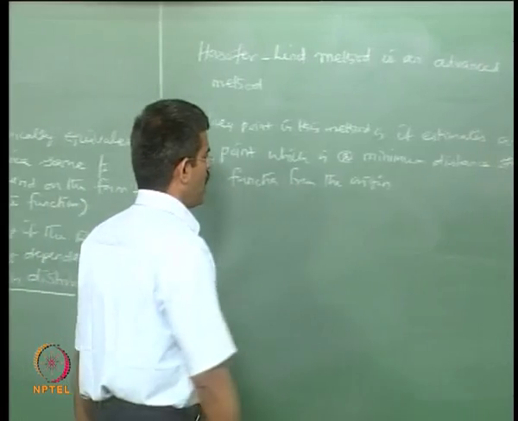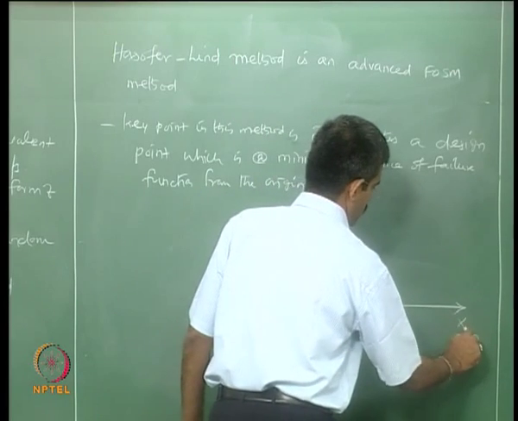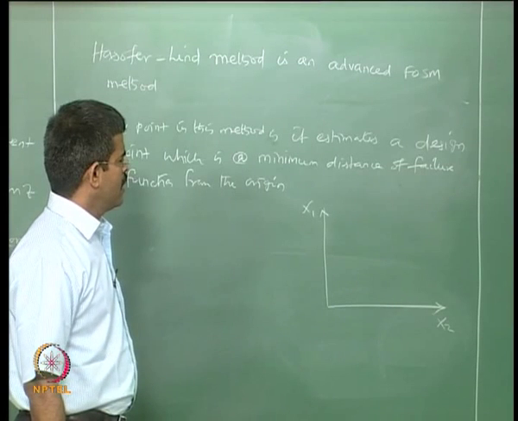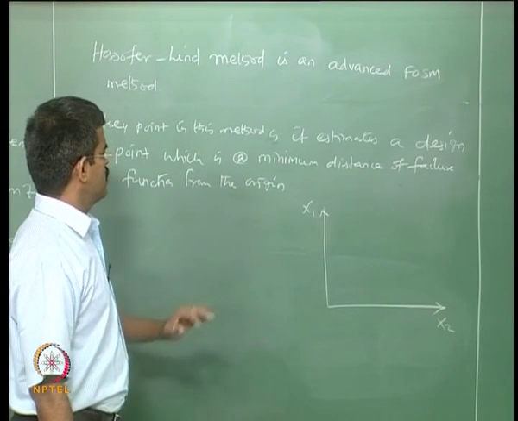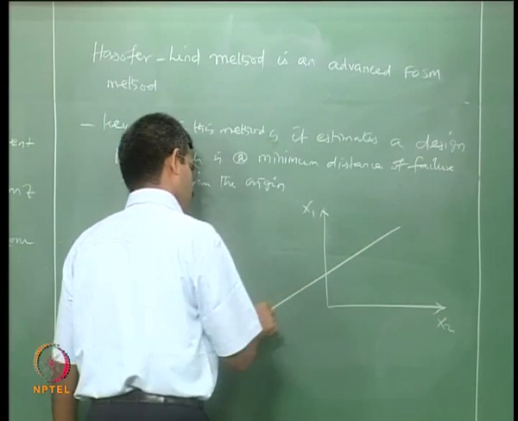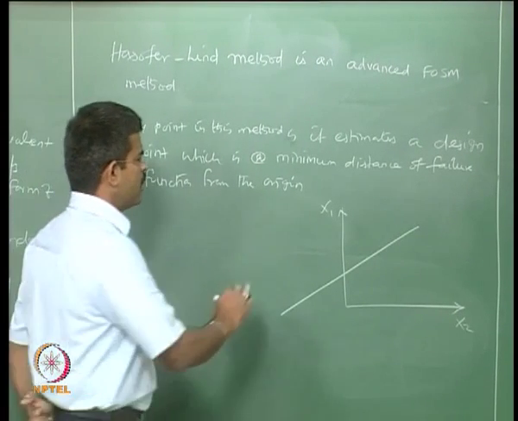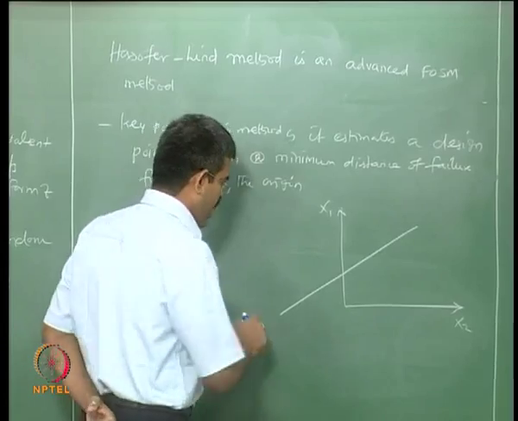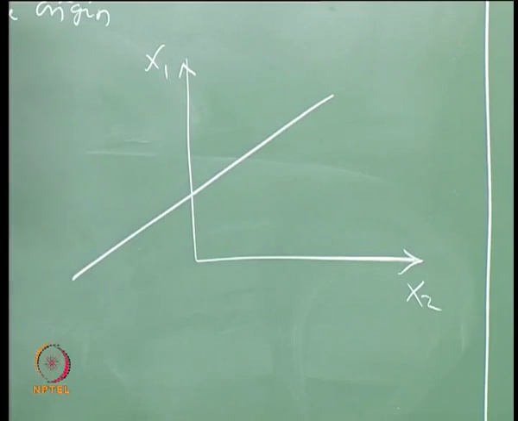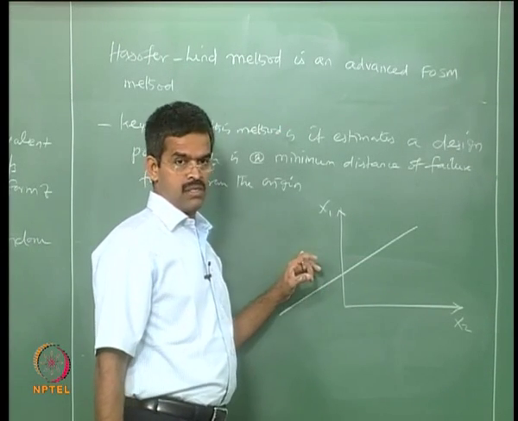Let us say I have two variables, x2 and x1. I have a linear failure function. On this linear failure function, I must find a point so that the point remains at a minimum distance from my origin.